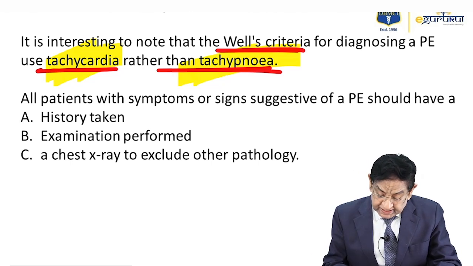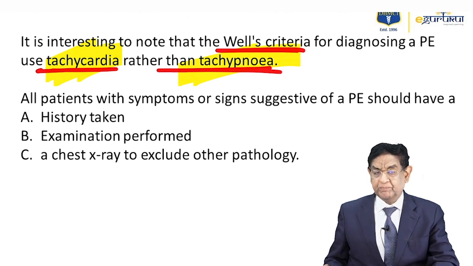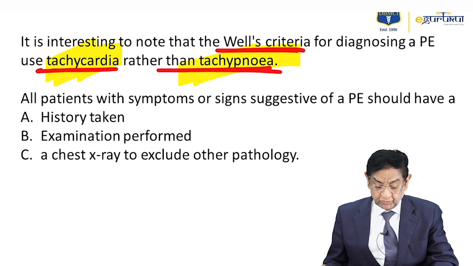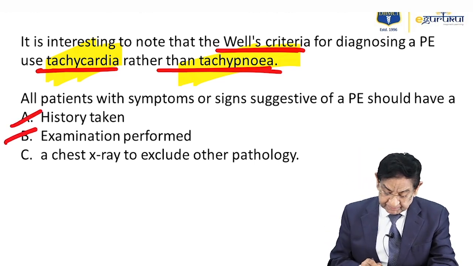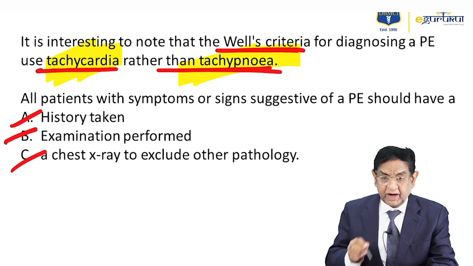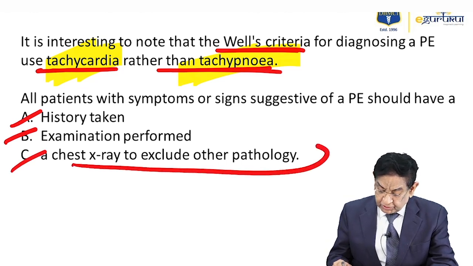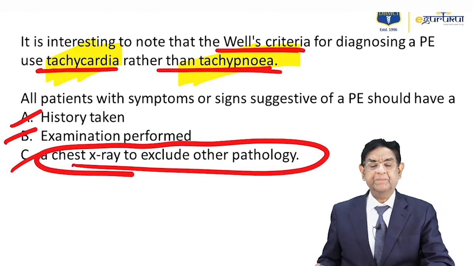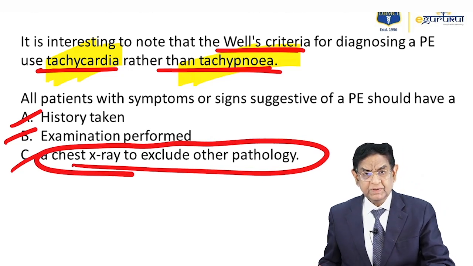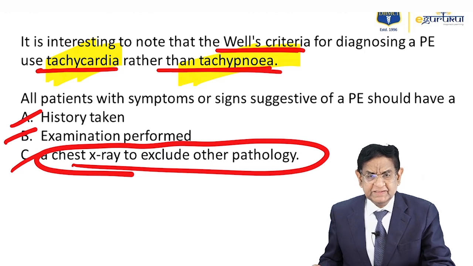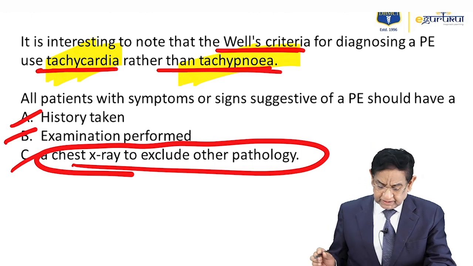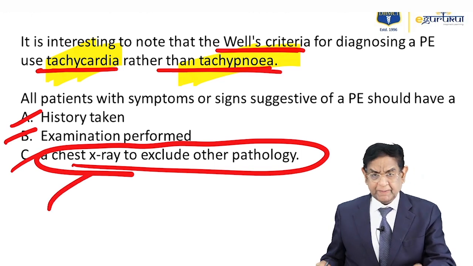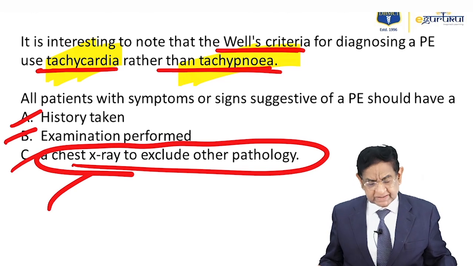So we are getting a case we suspect to be pulmonary embolism. What do the NICE guidelines say? NICE guidelines say take history, examine the patient and do a chest x-ray. Why? Chest x-ray to exclude other pathology, that means there is no other parenchymal pathology. The purpose of chest x-ray is to rule out other pathology.